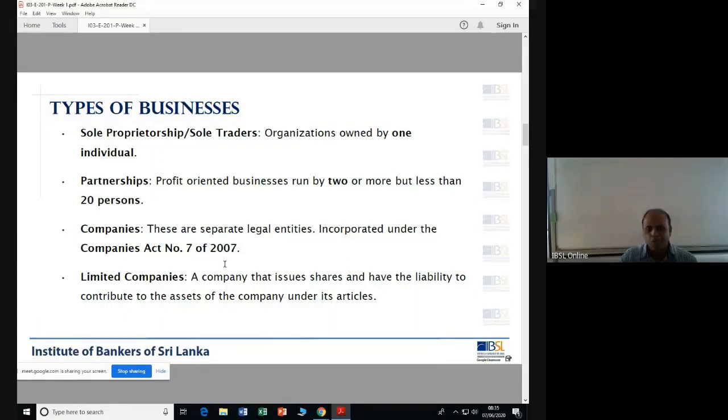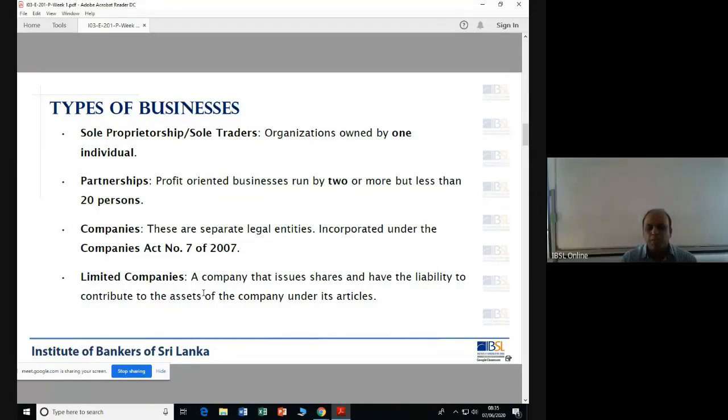So for the number of shares that I hold, I will get a share certificate. So what have I done? I have given money to a company to be set up to run and do business. What is my objective?